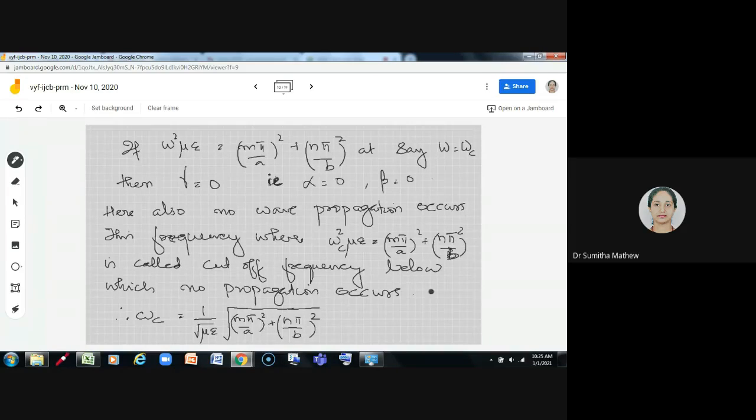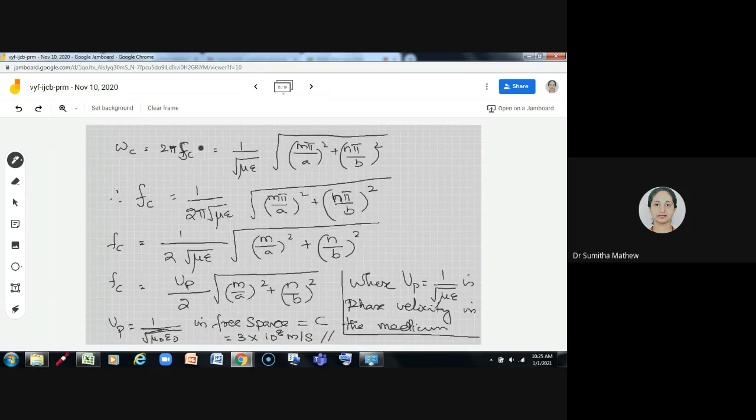Okay, you get an expression for the cutoff frequency. So what is cutoff frequency? It's the frequency below which no propagation occurs. So only above that frequency propagation will occur. So the rectangular waveguide is acting as what filter? High pass filter.